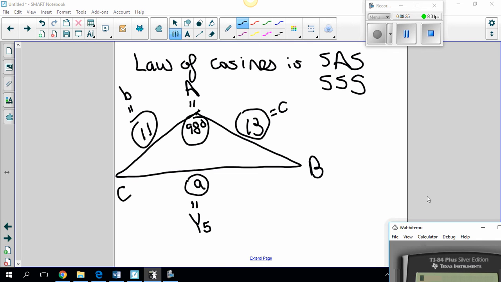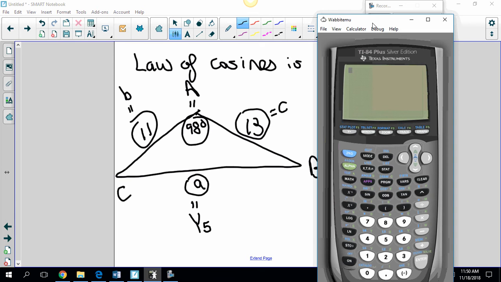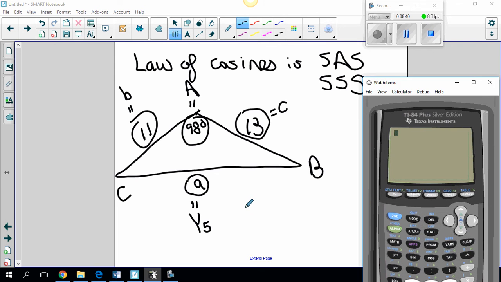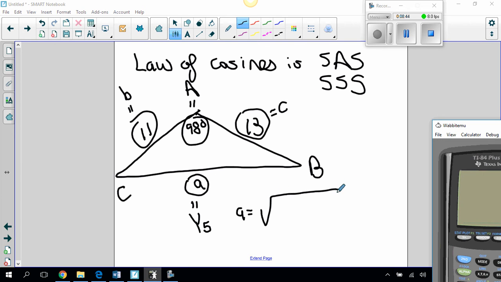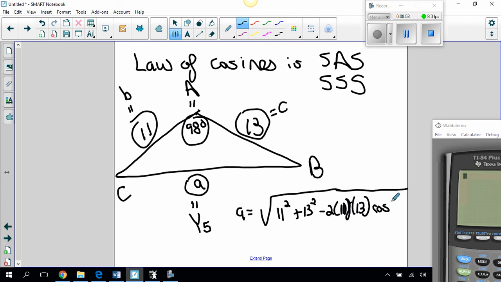So you just would plug in your formula. Mathematically, the answer is A is the square root of B squared plus C squared minus 2 times 11 times 13 cosine 98. But I have that typed in my calculator.